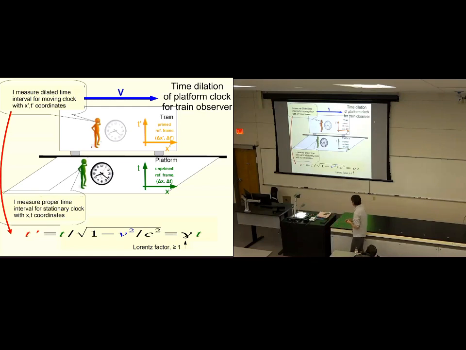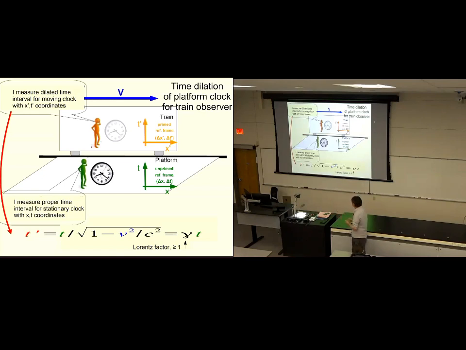So let me describe time dilation here. If the platform observer, the station observer, looks at the station clock, the platform observer measures that the station clock ticks with the correct time. The interval between seconds is the correct time for the platform observer looking at the platform clock.